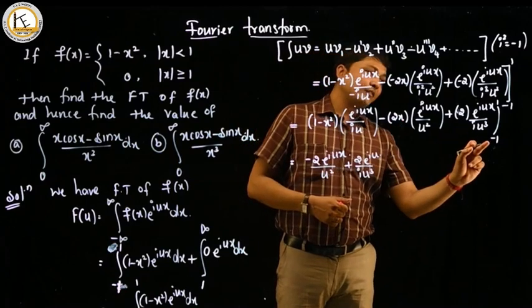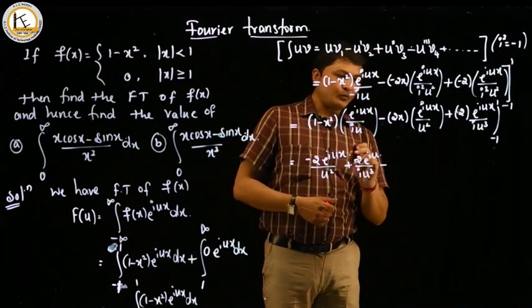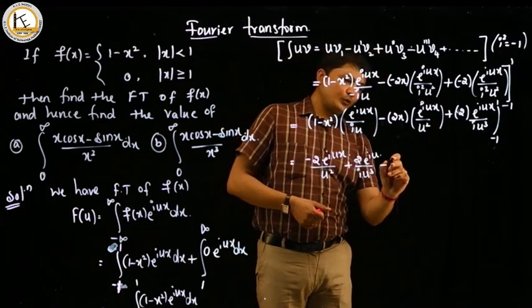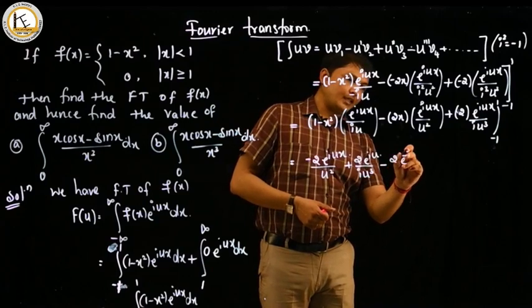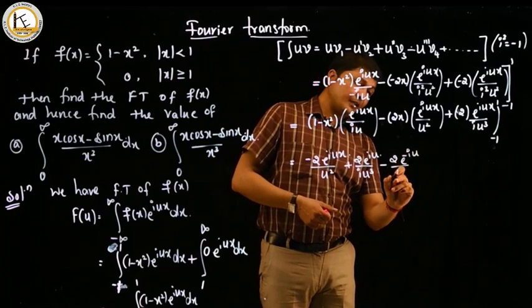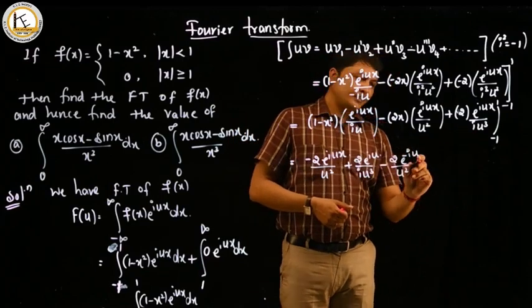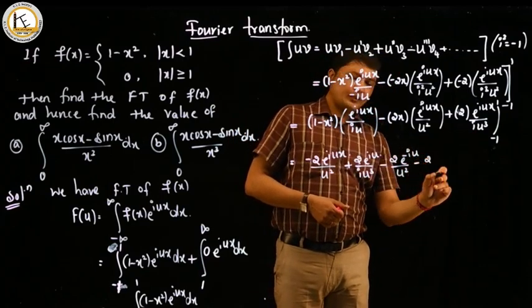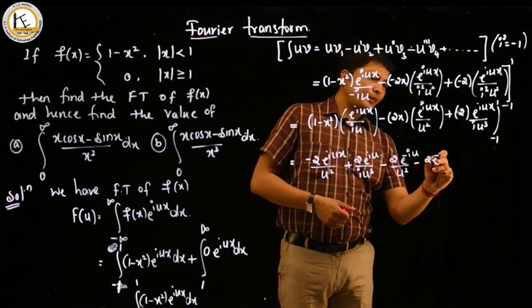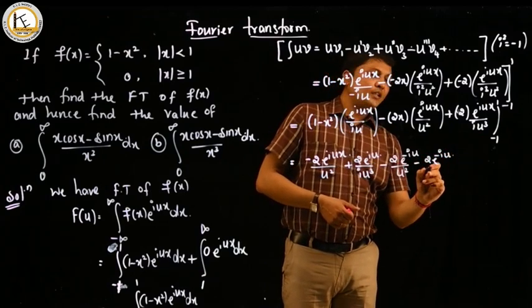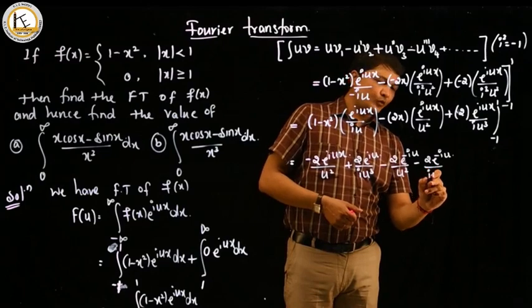And since we are applying the lower limit, we get one more minus here. So it is 2 into e raised to minus iu divided by u square, and the last term is minus 2 into e raised to minus iu divided by i into u cube.